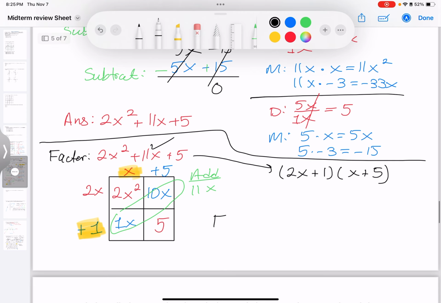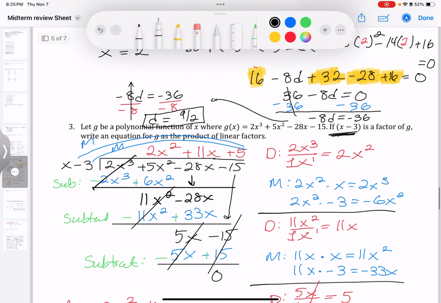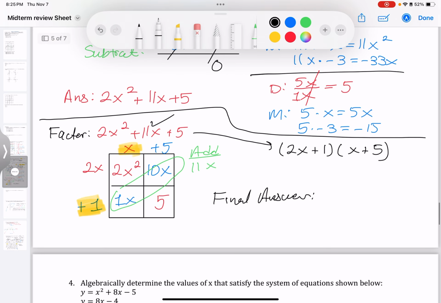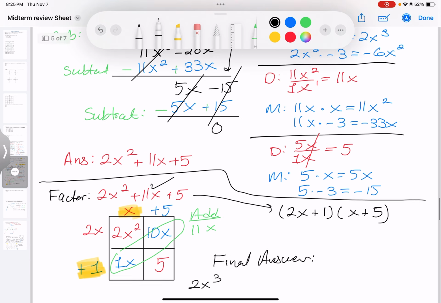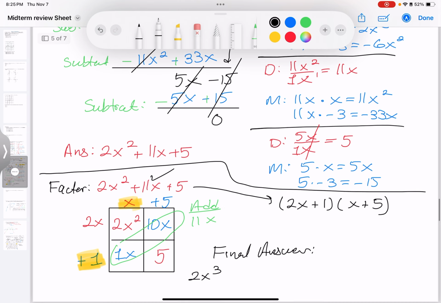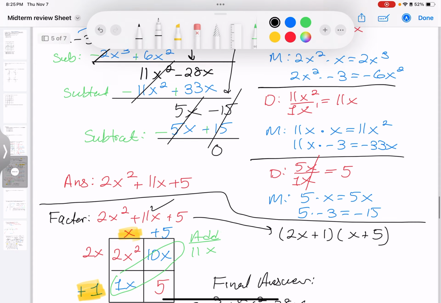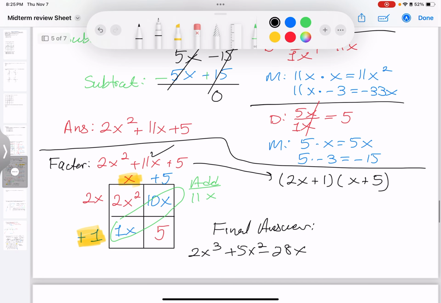So our final answer, because you want to write the polynomial as a pair of linear factors, we're going to say the original polynomial, which is 2x cubed plus 5x squared, plus 28x, rather minus 28x, minus 15.